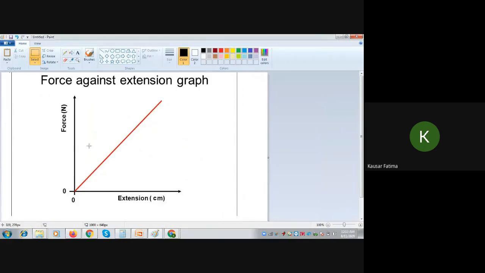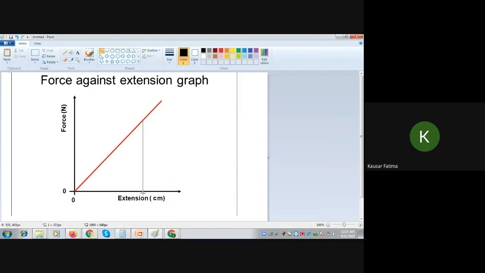And the spring constant will tell you how much extension will be caused by 1 Newton force. Spring constant, if you calculate the gradient of this graph, you know how to calculate the gradient, change in y-axis upon change in x-axis.